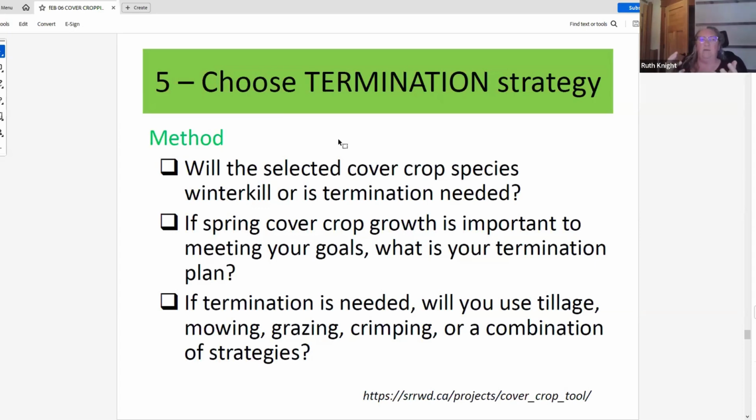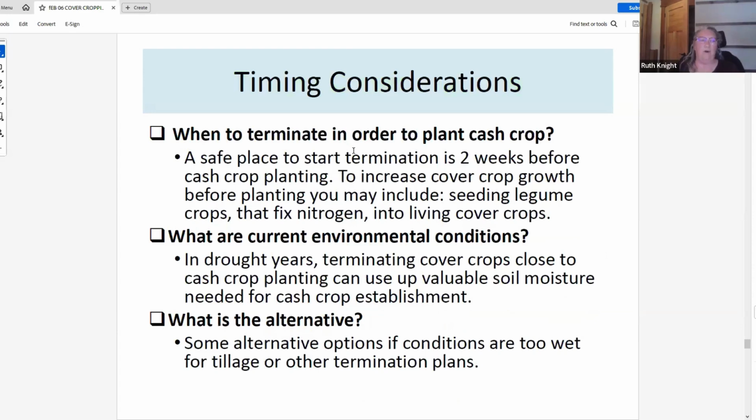If termination is needed, you could use tillage, and you want to consider how aggressive that tillage needs to be, and also there's mowing, grazing, crimping, or any combination of these. But generally, herbicides are not in the organic system.